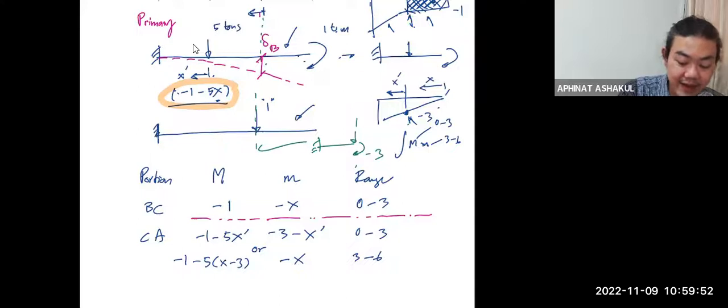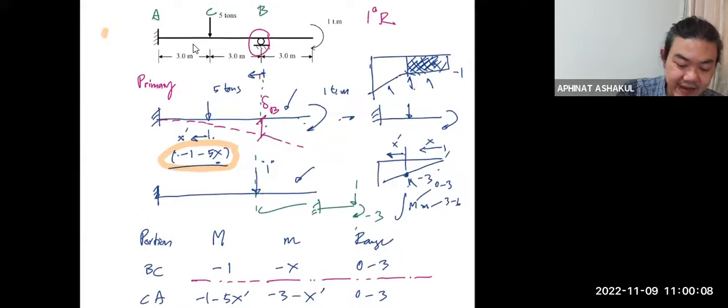And then when I plug in x equal to 6, this is 3, right? It's minus 15 and then minus 60. Here, when I plug in x equal to 3, I get minus 60. So it gives the same number of moment, but the difference is that one equation begins with x prime from here, another begins with x from there.